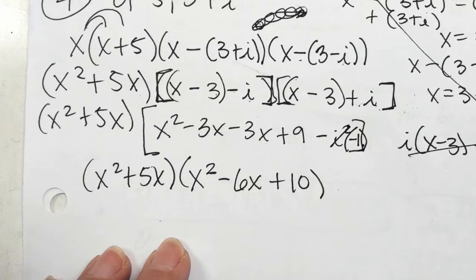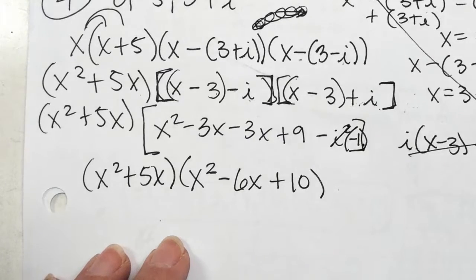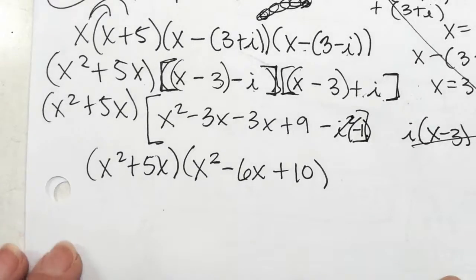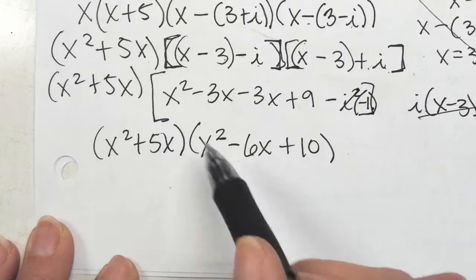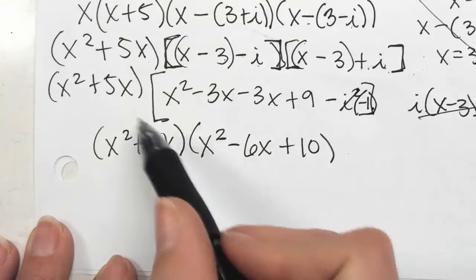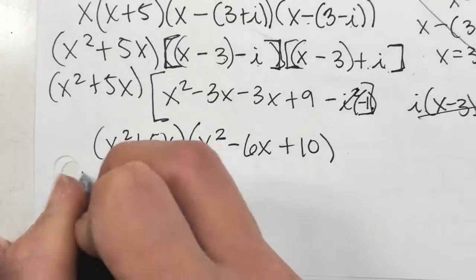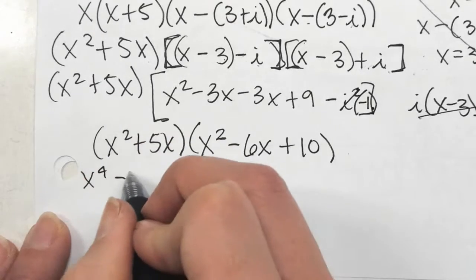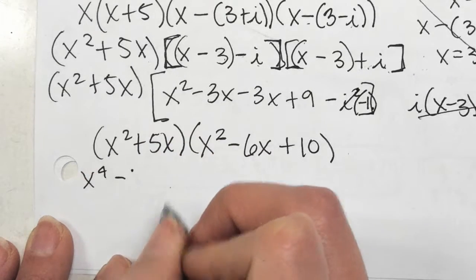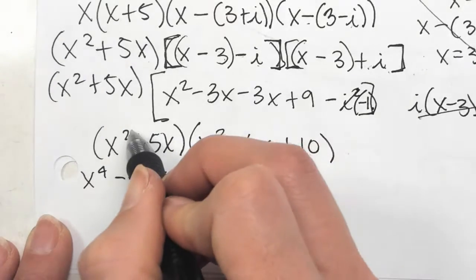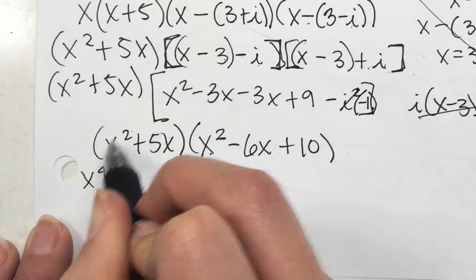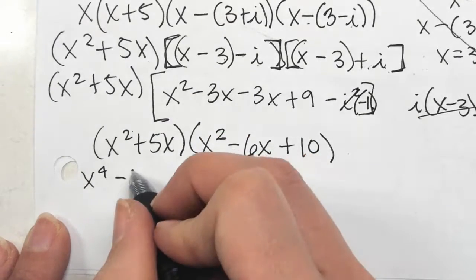Now we can multiply. And y'all know how to do that, but we'll do it together. Alright. Jada, tell me what each of these terms is going to be if I'm multiplying by x squared. I did x squared times x squared, now I'll do x squared times negative 6x.